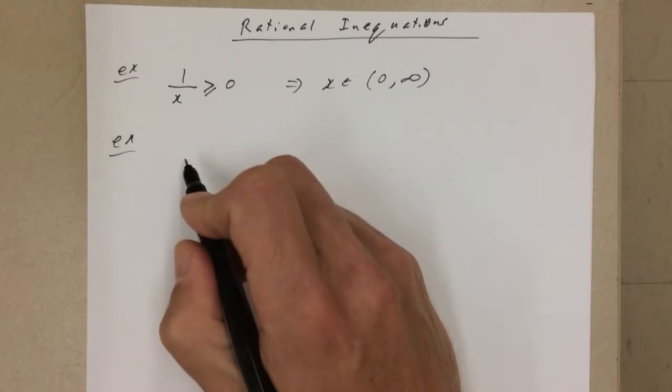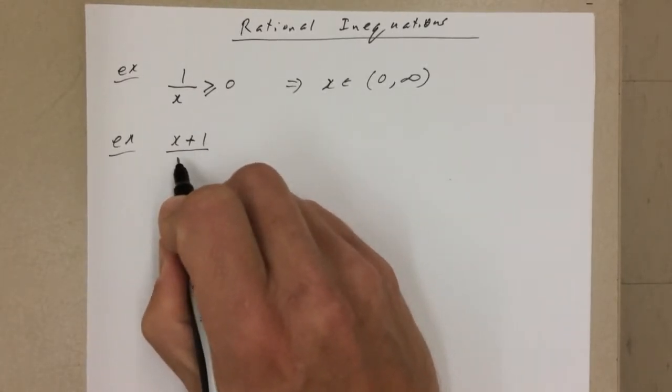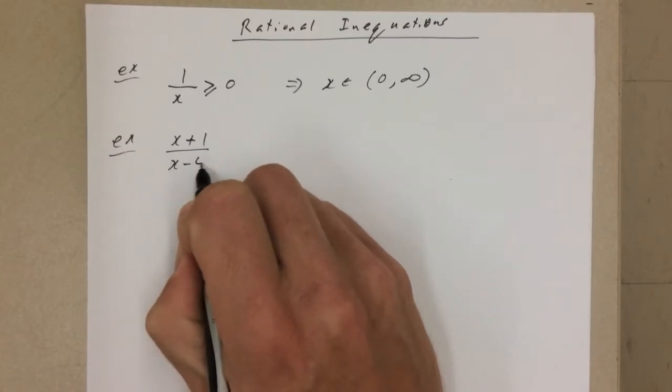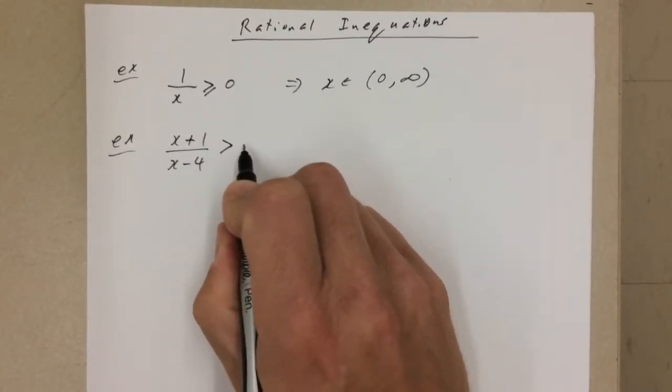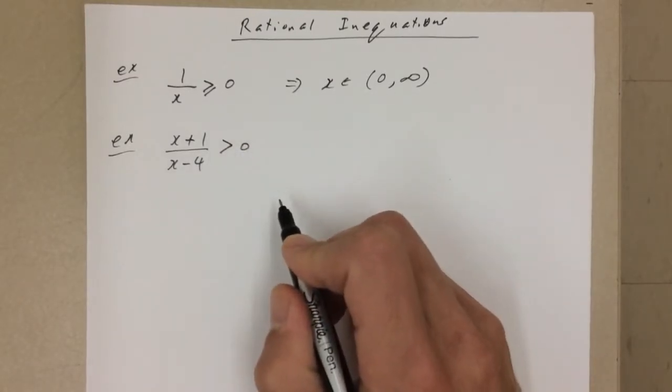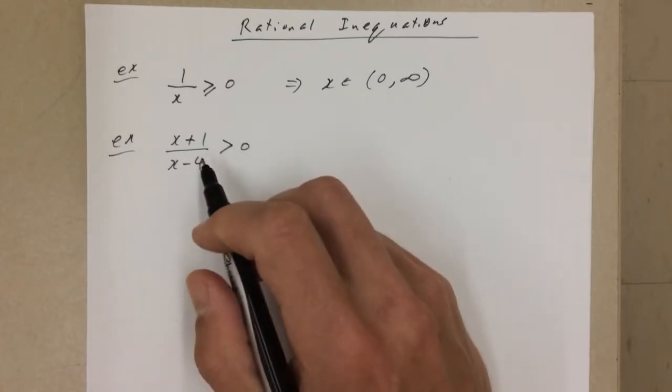What if you had something like x plus 1 over x minus 4, say greater than 0? Well, in this case, you have to look at some possibilities here.